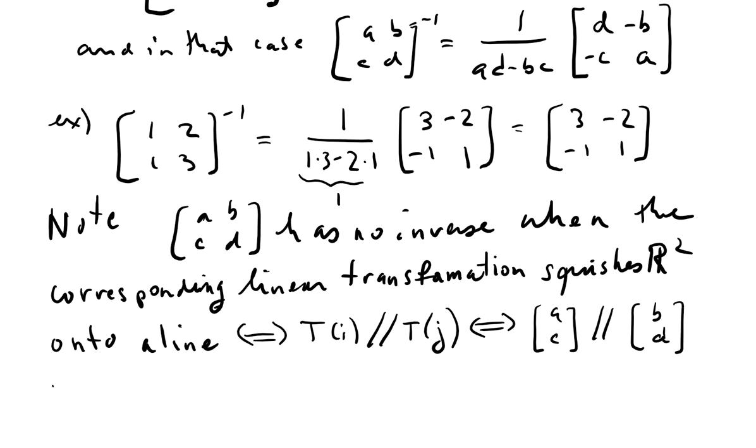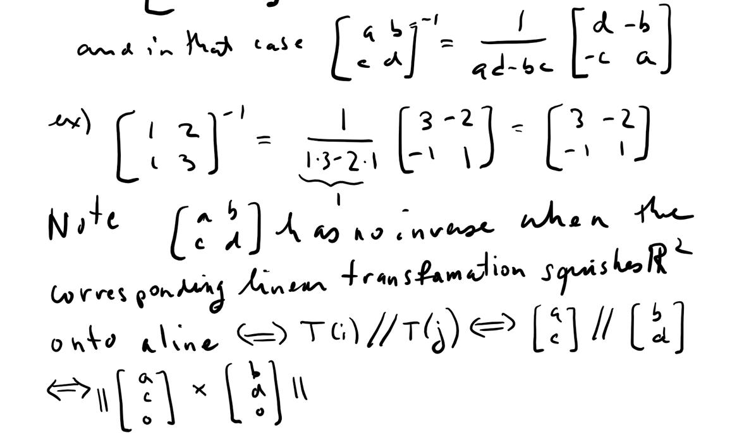Okay, when are two vectors parallel? If two vectors are parallel, it's not too hard to see that that's equivalent to the area of the parallelogram that's formed by those two vectors, which is the norm of this cross product. Because when you calculate the norm of a cross product, you get the area of a parallelogram. So if the two vectors are parallel, the norm of the cross product, or the area of the parallelogram, will be 0.